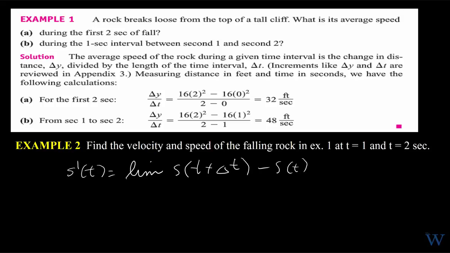Well, here it's y, so I guess we'll have to put y there, over delta t as delta t approaching 0. So instead of all that, we're just going to use the differentiation rules.